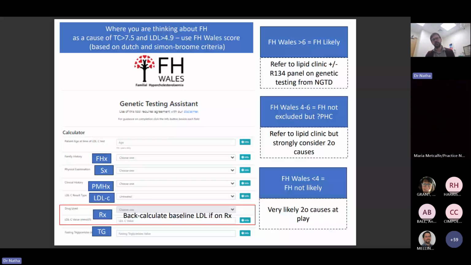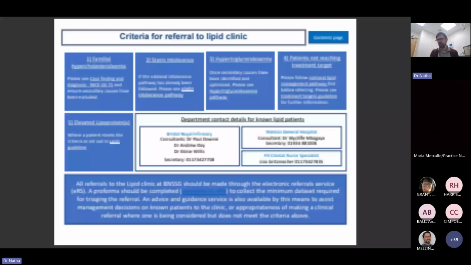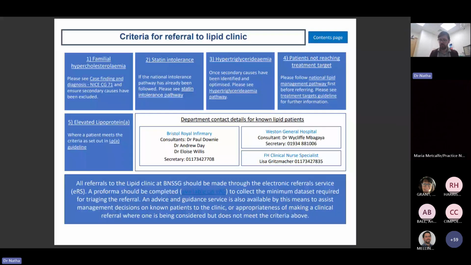Final point I just want to consider is lipoprotein A. I don't have time to go into this in a lot of detail. Lipoprotein A is another atherogenic lipoprotein. It's made out of LDL and another lipoprotein called apolipoprotein little a, which makes it both pro-atherogenic and pro-thrombotic.